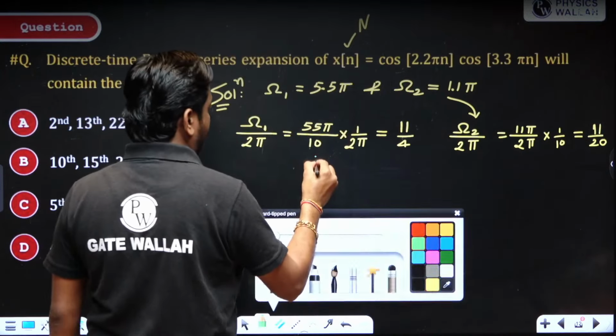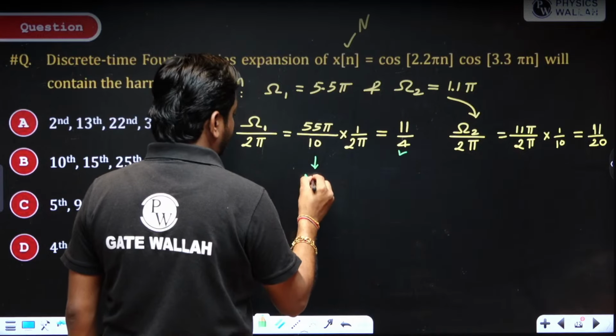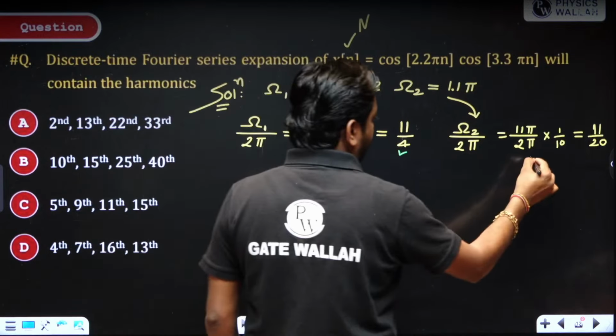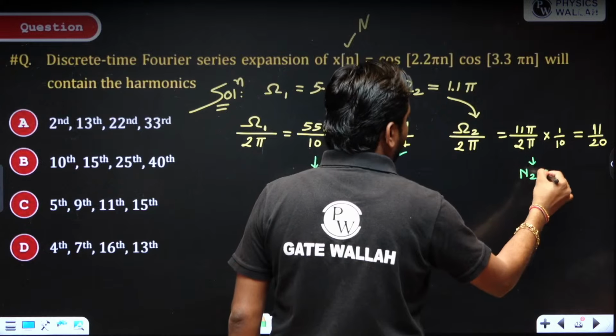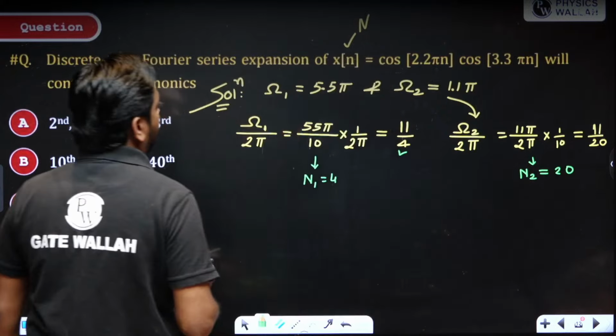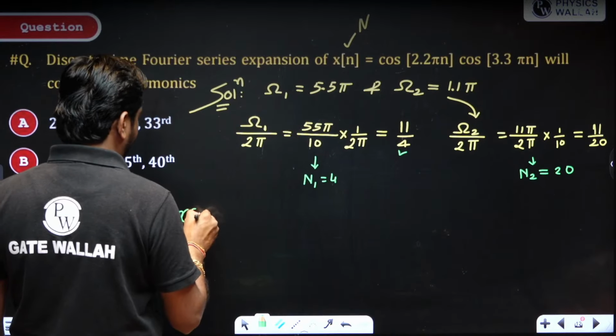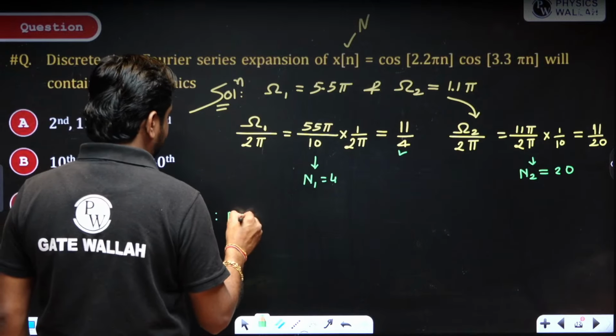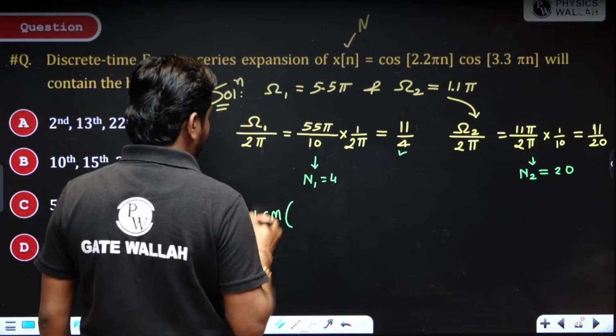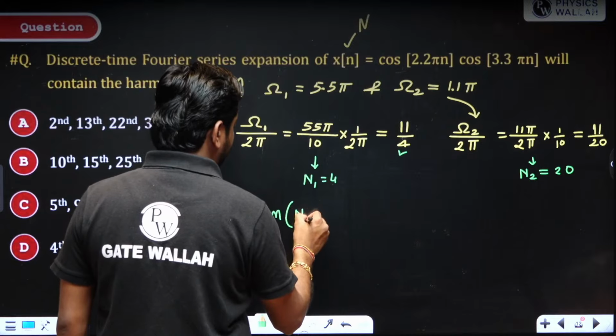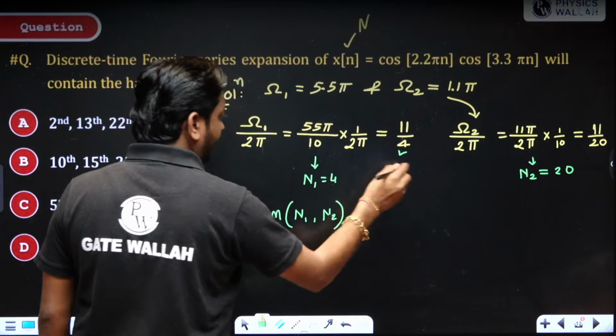Now what about the fundamental time periods? Here n1 is equal to 4, and n2 is equal to 20. So for x of n, the fundamental time period is the LCM of n1 and n2, so the LCM of 4 and 20.